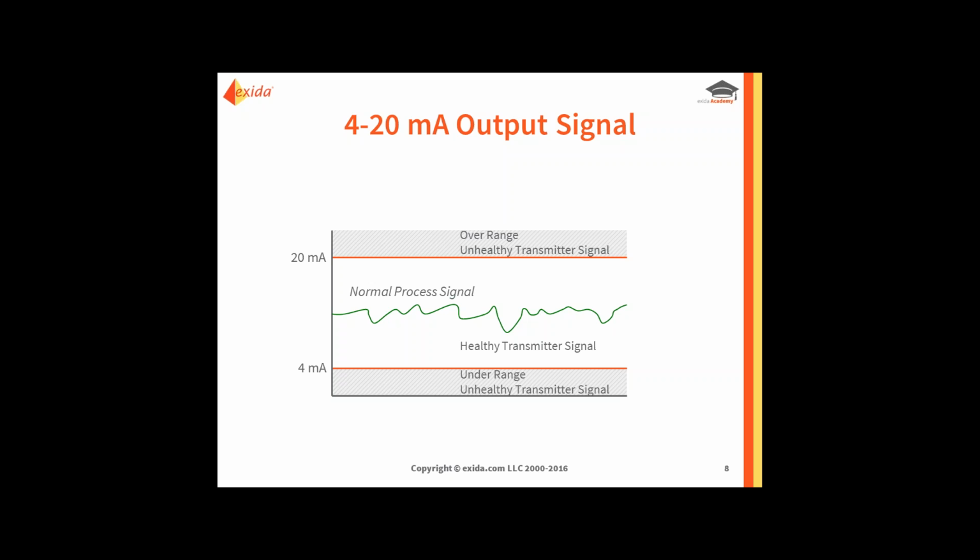Any signal in that range is typically considered a healthy transmitter signal. Any signal outside of that range, either under range or over range, is usually flagged as an unhealthy transmitter signal. Those are not valid process points. So that's the basis of the analog transmitter as we're going to talk about it today.